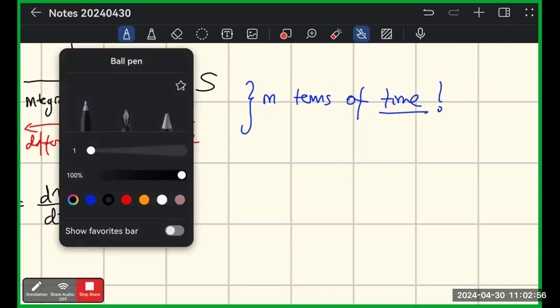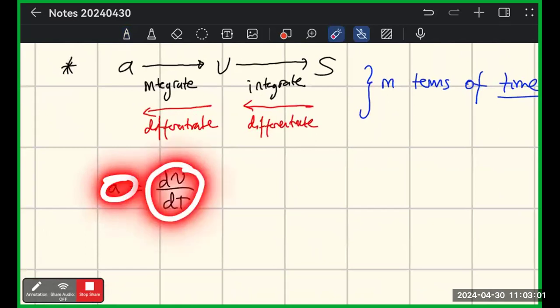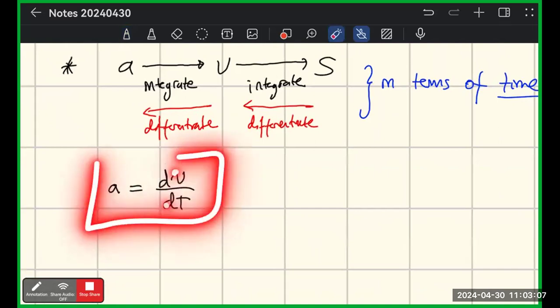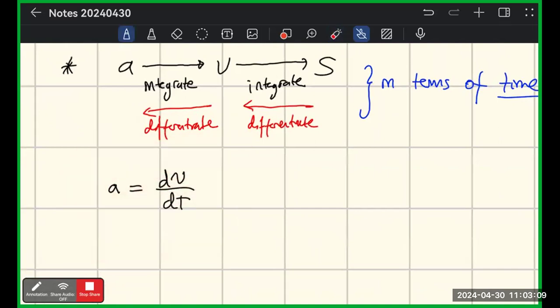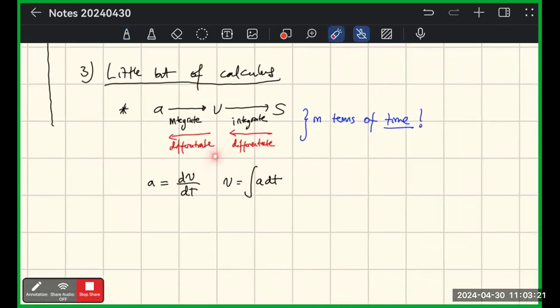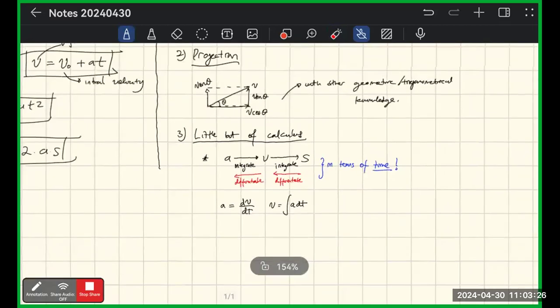For example, a is the differentiation of v with respect to time, and v equals the integration of a dt. Yeah, this is basic math. We'll discuss this a little bit later on the physics itself.